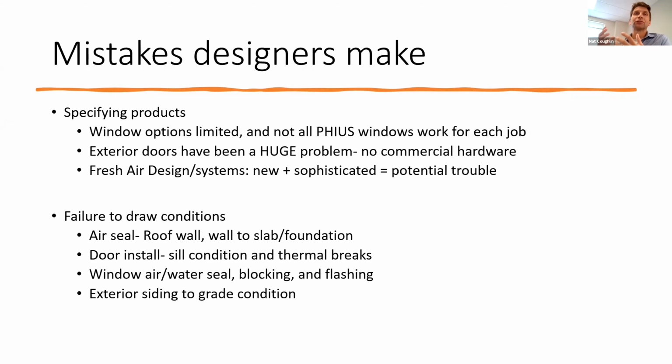Door and window conditions are similar in that you have so much insulation on the outside of the building that your door blocking, your window blocking, and the flashing around those are going to be different than what you've normally been encountering. And then I'll show you some details briefly on that as well. And then the exterior condition where your siding comes down and you have to get to the ground.